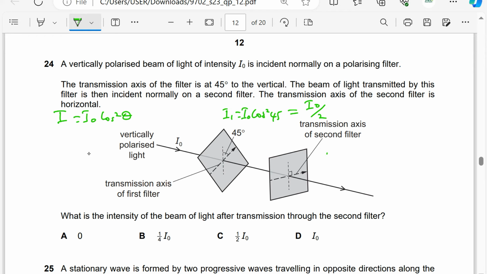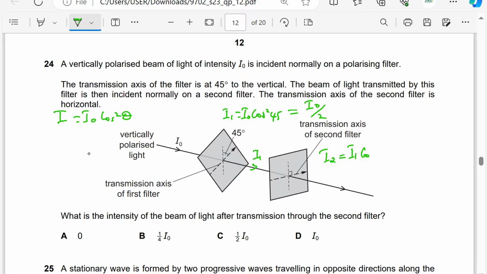Then for the second filter, I2, the incident is now I1. It is rotated until it is 90 degrees, so it is rotated a further 45 degrees.